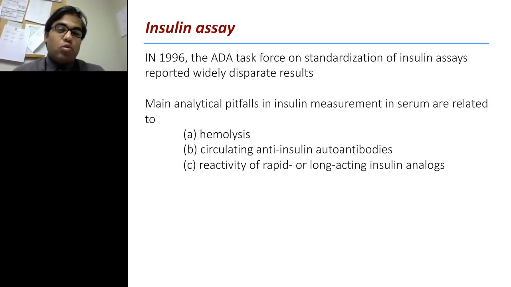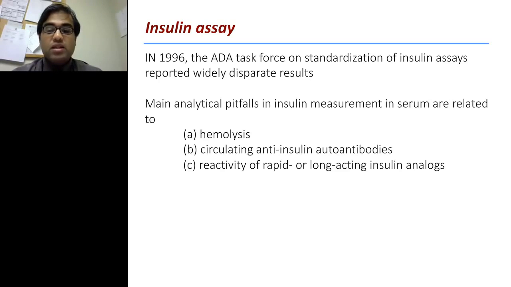Now one may ask, well, why not just measure insulin? Right? And this has been looked at extensively. About close to now 20 years ago, the ADA, the American Diabetes Association Task Force, was trying to standardize insulin assays because of the disparate results.